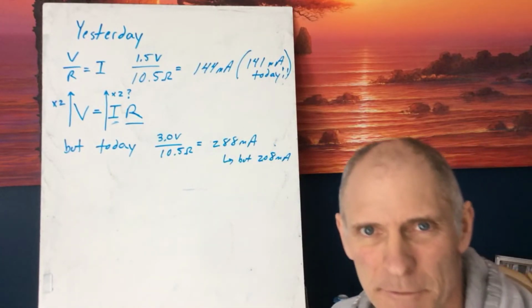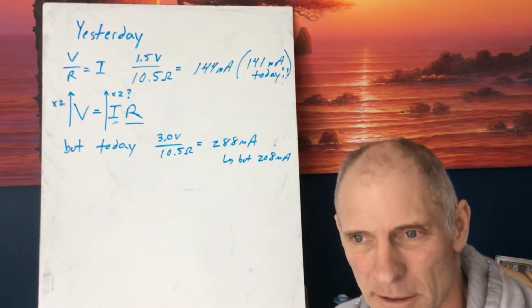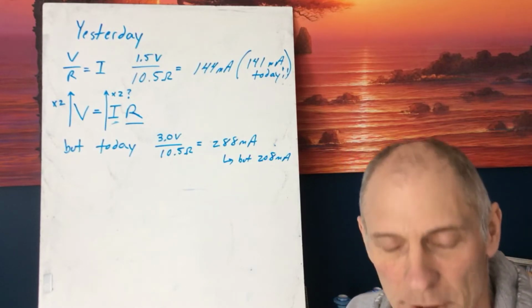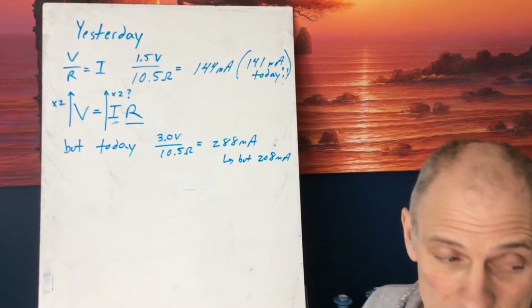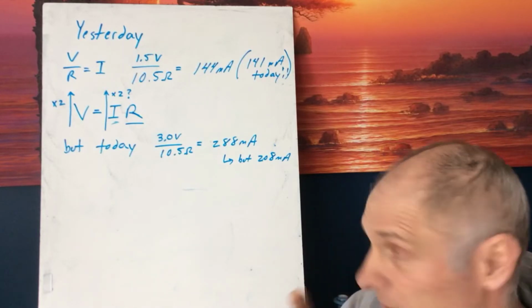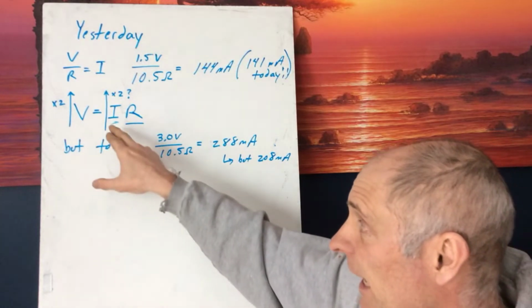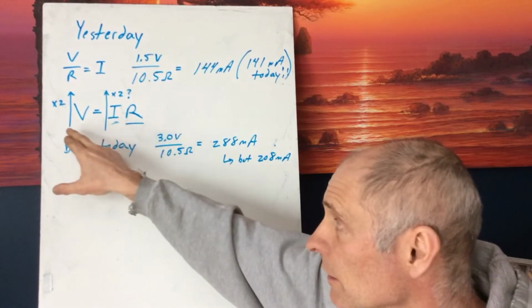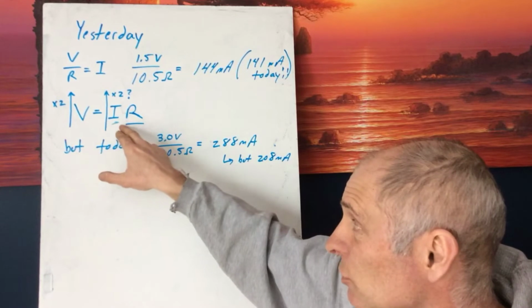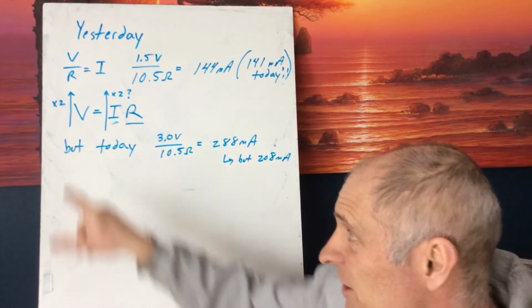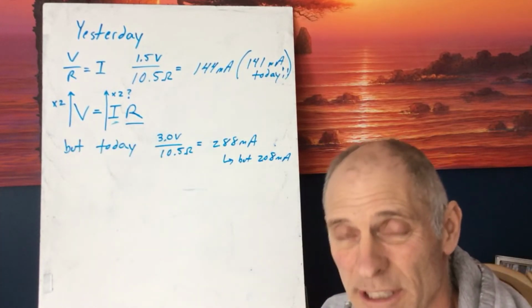Today it's reading about 141 milliamps, so I may have lost a few fractions of a volt on that battery, or maybe I used a couple of different wires with different resistance. But either way, today all we're trying to do is double the voltage by using one extra battery. That should double the current because this relationship is a direct relationship.